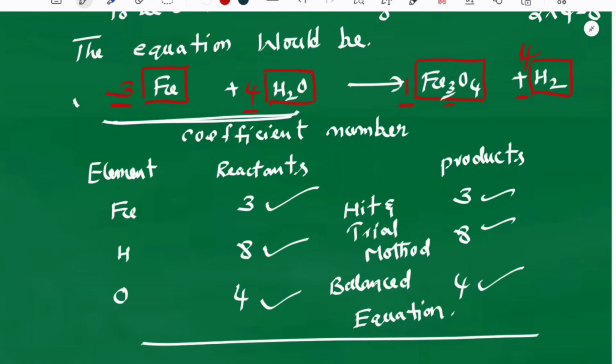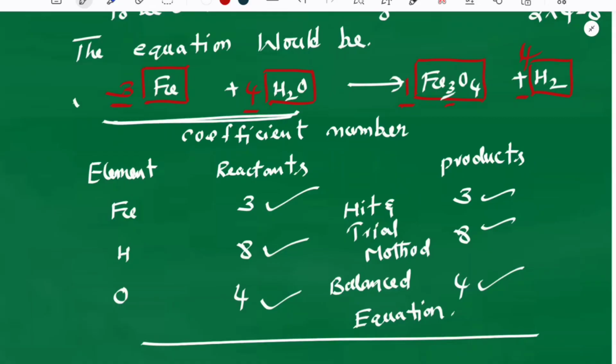Completely informative or not? No. It is just iron and water, so it's not informative. A chemical equation is more informative when it includes more details. Right now you are just writing symbols and balancing the number of atoms. That's all.